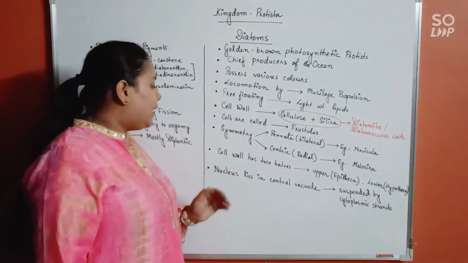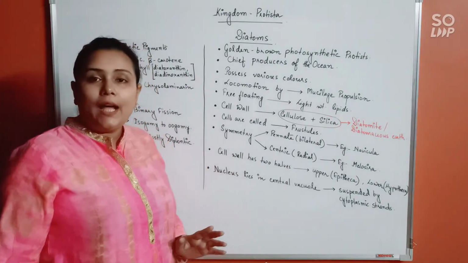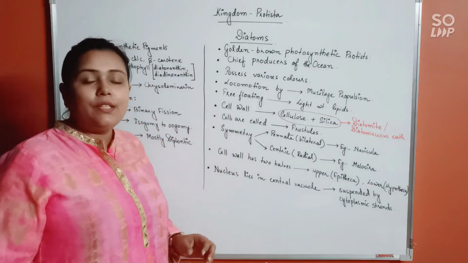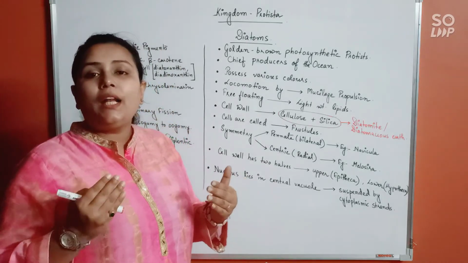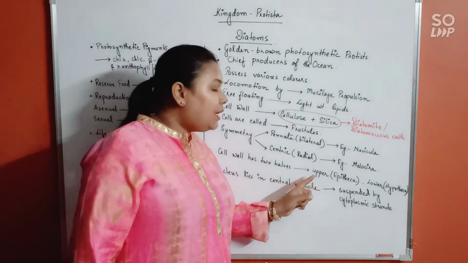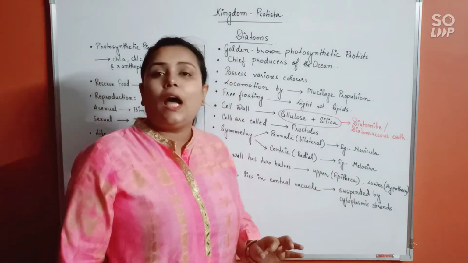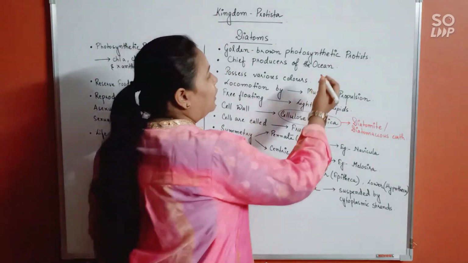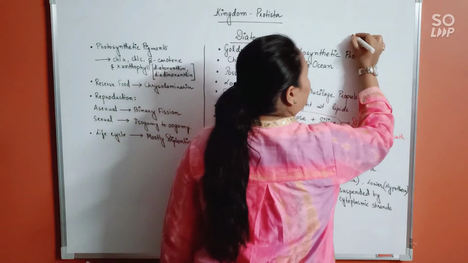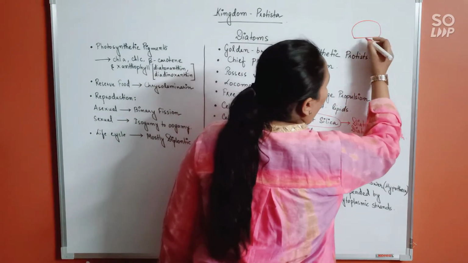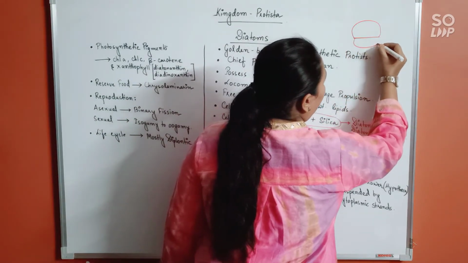Alright. Now, the cell wall of the diatoms, or the frustule, has two unequal halves. The upper half is called epitheca and the lower half is called hypotheca. So it's going to look like this. Suppose this is the upper half and this is the lower half.